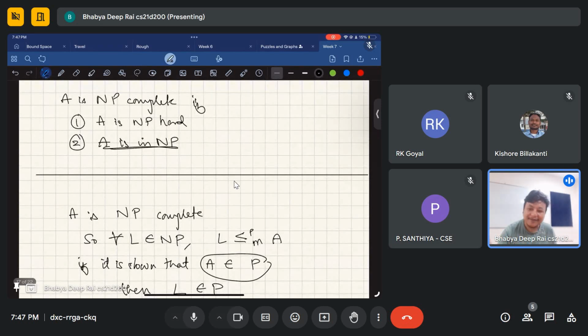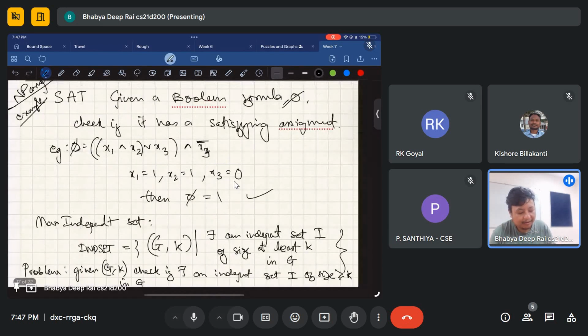For NP hardness, you need to prove that everything reduces to this.